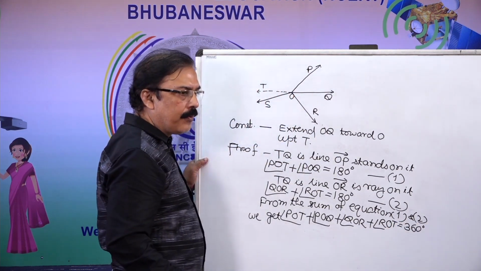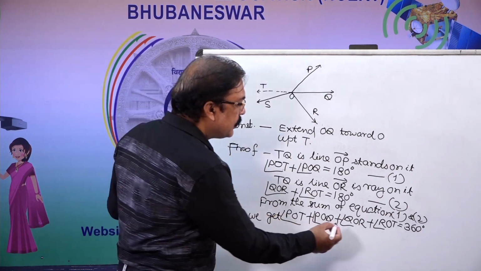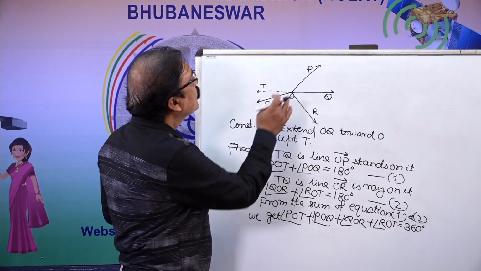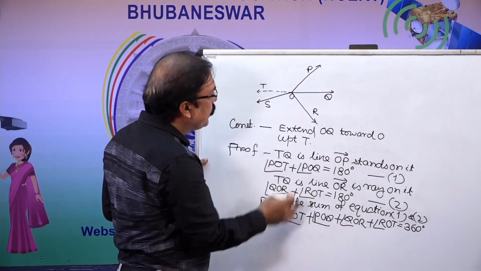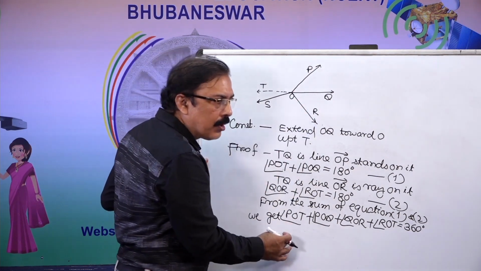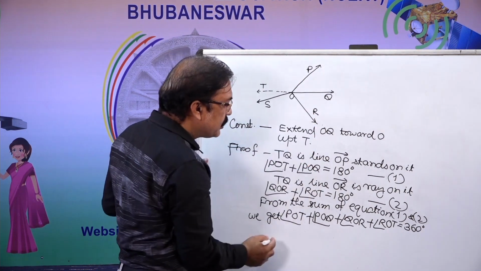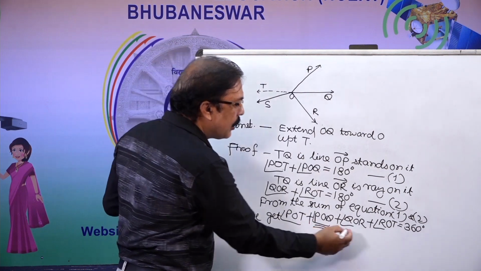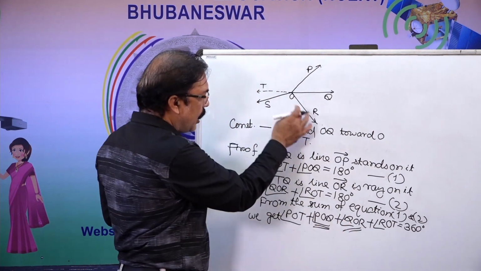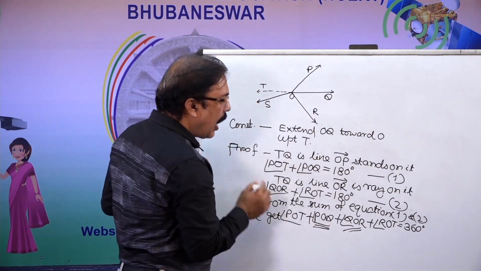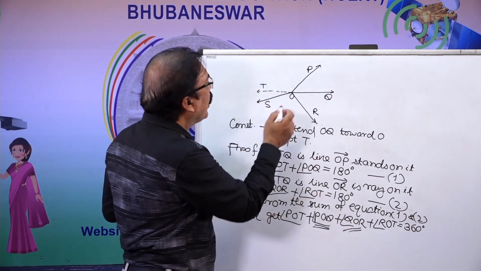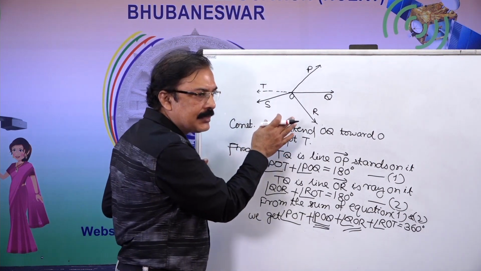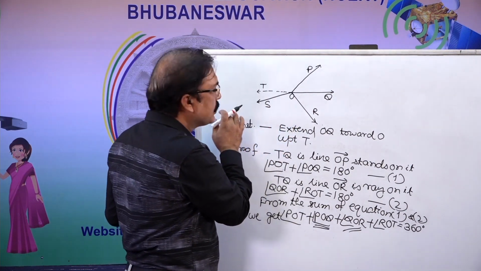What we have to prove? POR, here it is. What is POQ? POQ is there here. Then QOR is there, and ROS is not there, and ROS and POS.